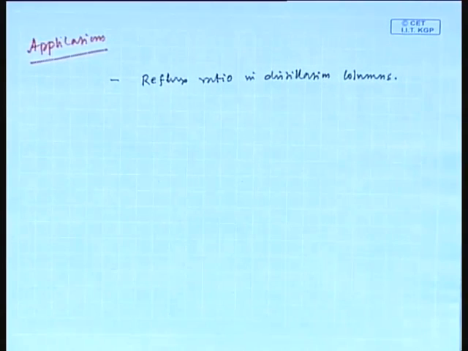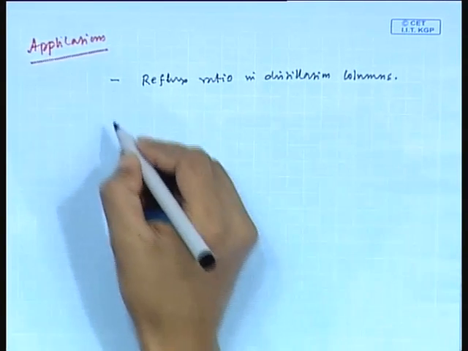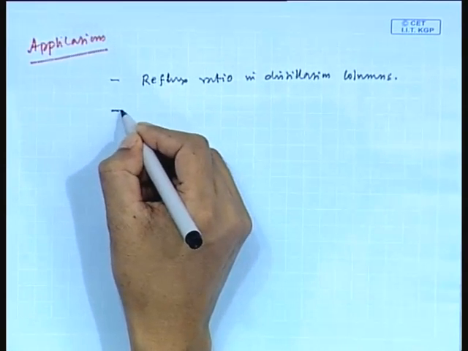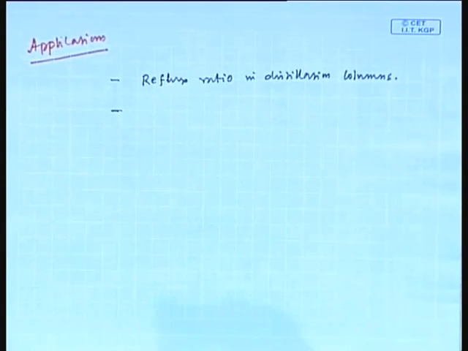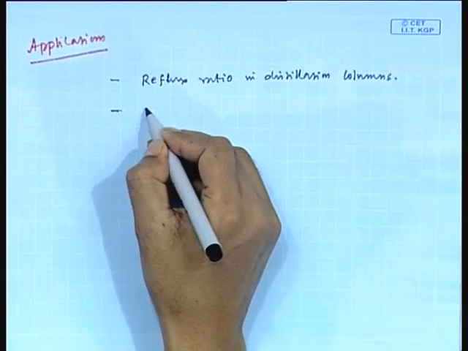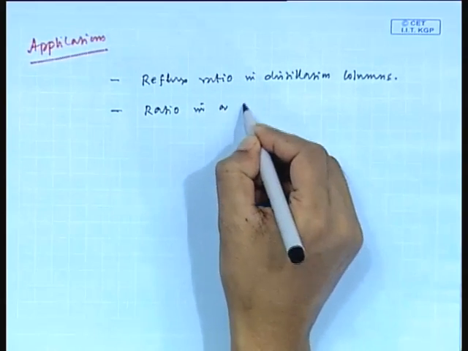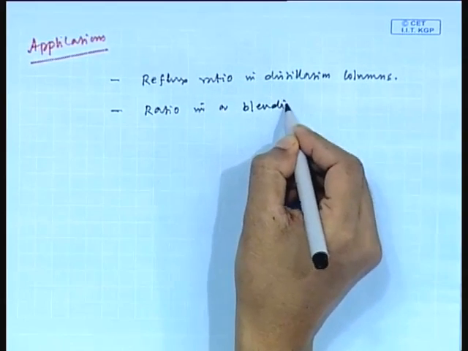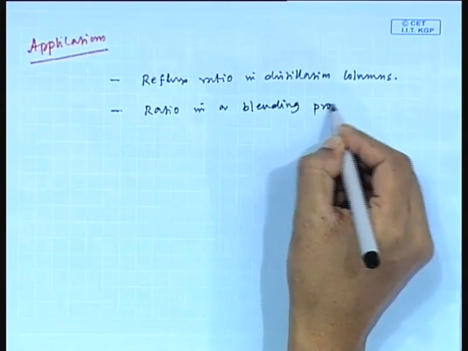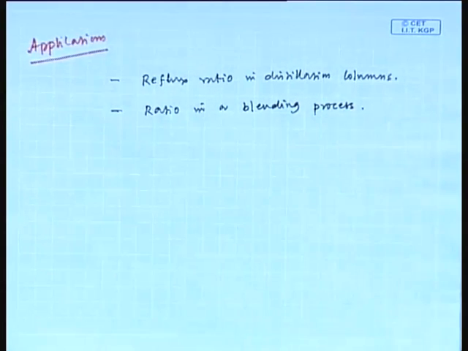To maintain the reflux ratio in distillation columns, the ratio controller is used. To control the ratio of two blended streams, to maintain the ratio in a blending process, the ratio controller can be employed.